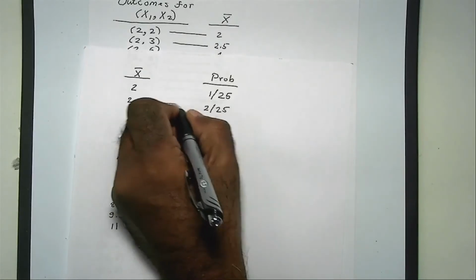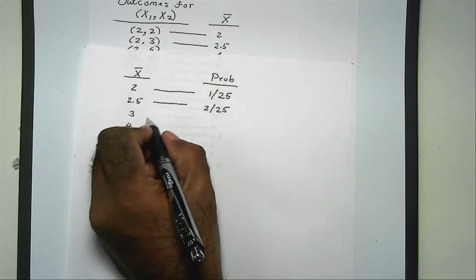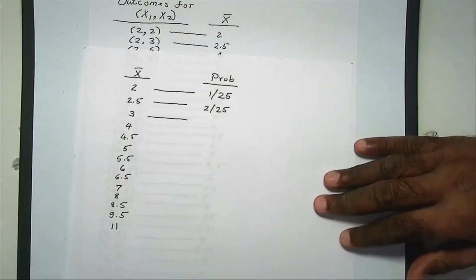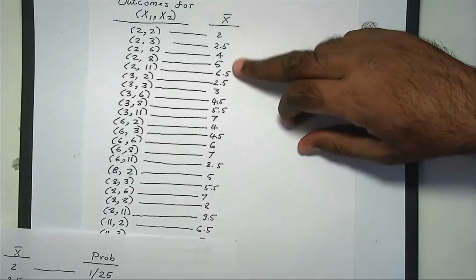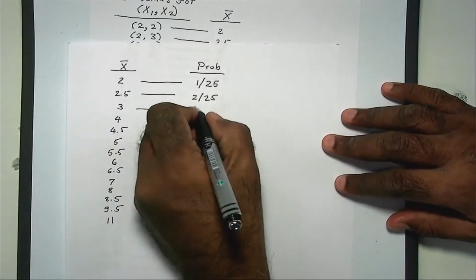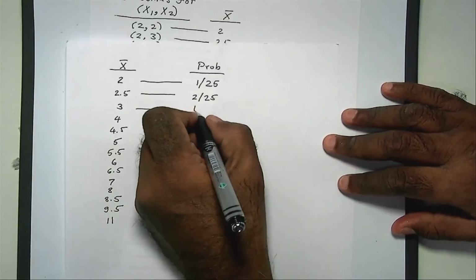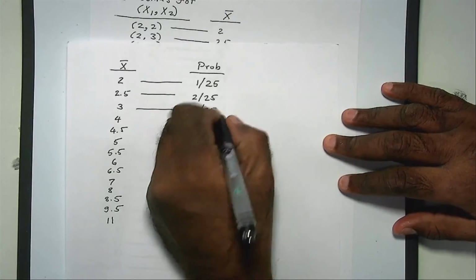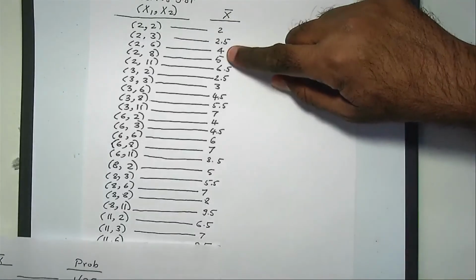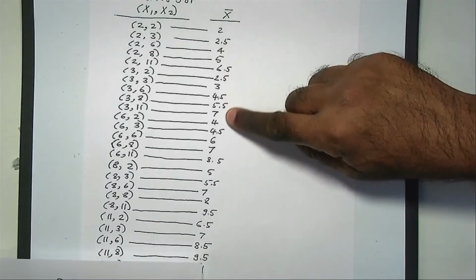All right? And similarly, the next one, for 3, how many of these outcomes have 3 in it? There's only 1. So the probability is 1 divided by 25. The next one is 4. There's 1 here, and there's 1 here.